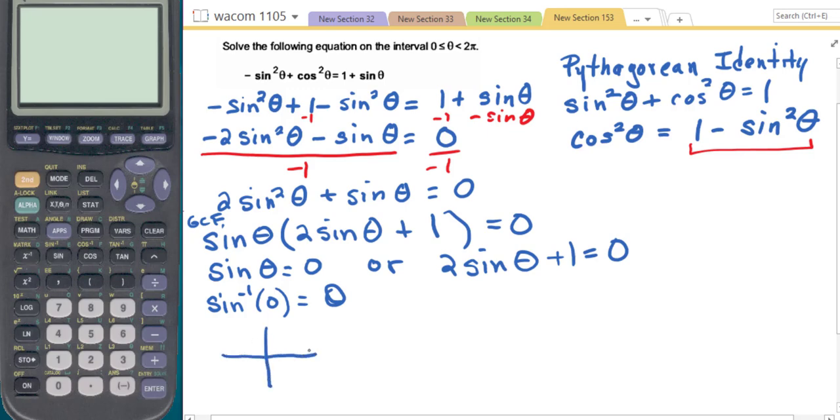So when is sine 0? Remember, sine is y. On the unit circle, our first endpoint would be 1, 0. This one would be 0, 1. This would be negative 1, 0. And this would be 0, negative 1.